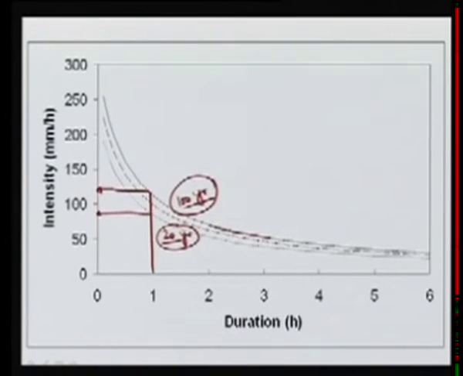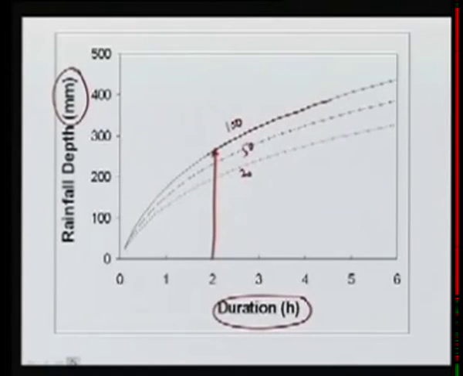This is expected because as the storm duration increases, the maximum intensity will occur in the central portion of the storm, and then as we move away in time, as the duration increases, naturally the average intensity will be decreasing, but the depth of rainfall will keep on increasing, although at a smaller rate.